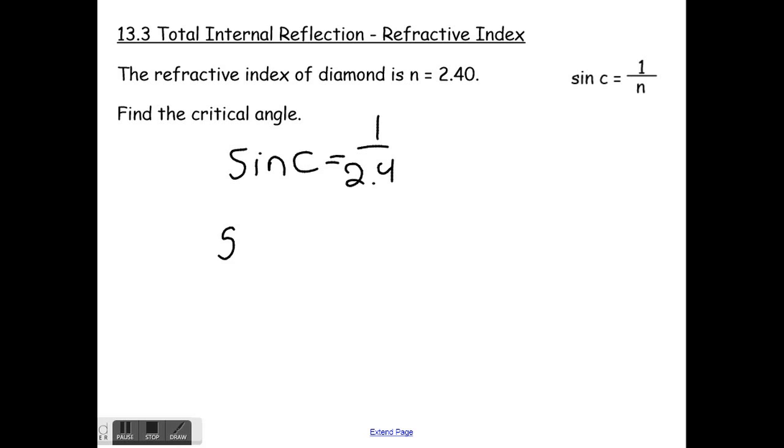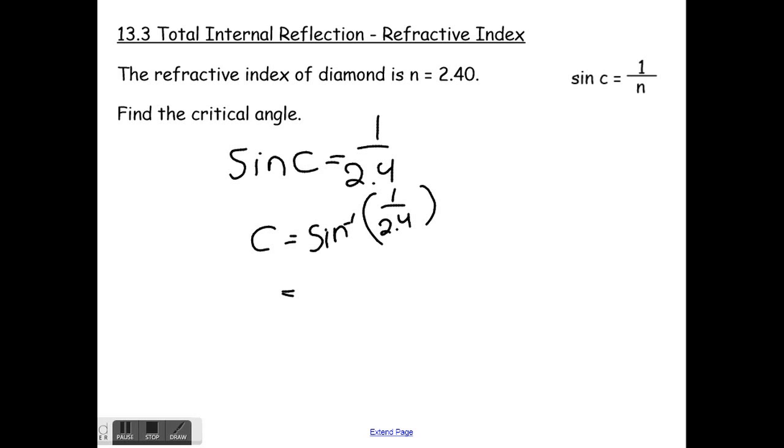So C is equal to sine to the negative 1 of 1 over 2.4. And that should give us about 25 degrees, which is what I said the critical angle of a diamond should be.